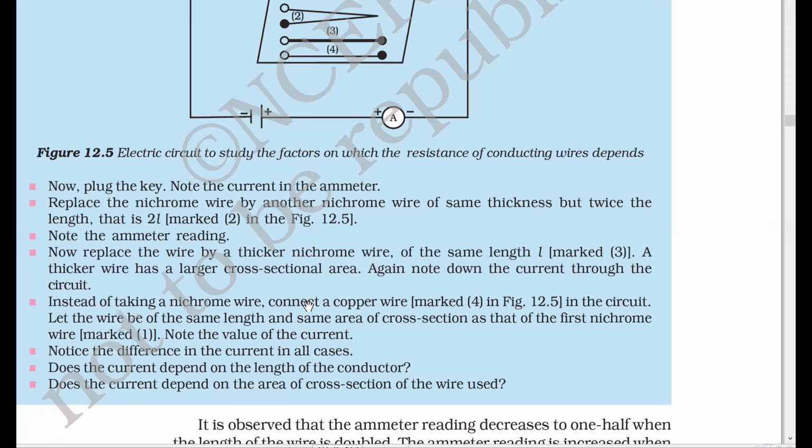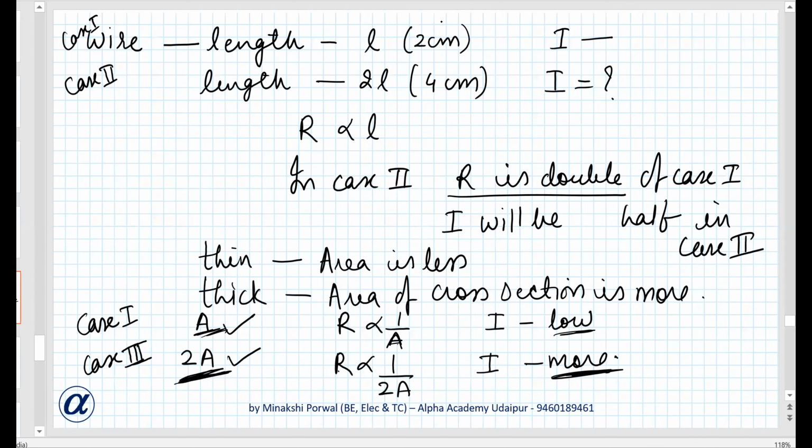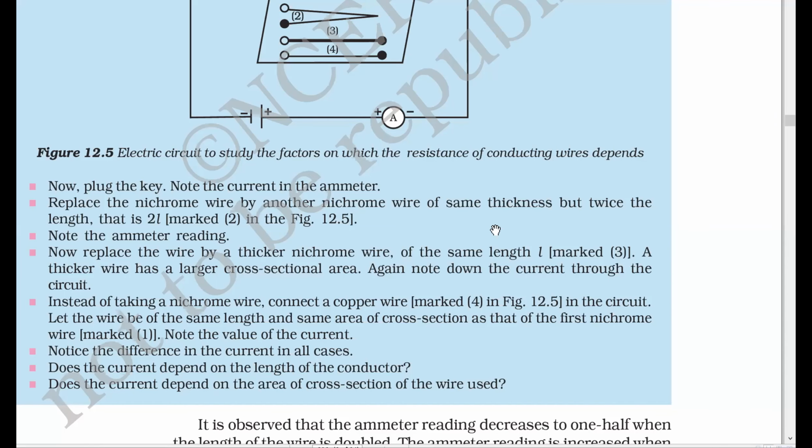What we will observe, we have already concluded: current will be more when area of cross section is more. Then instead of nichrome wire, if we take copper wire, copper is a very good conductor, so obviously current will increase. So notice the difference in the current in all the cases.